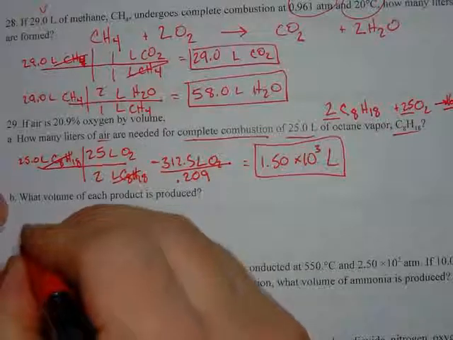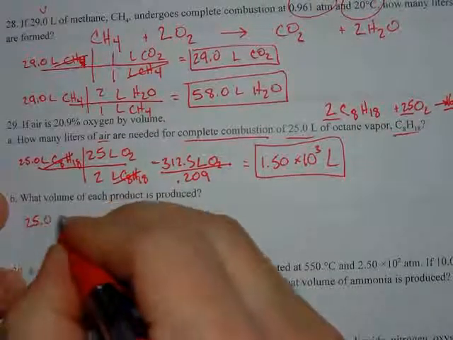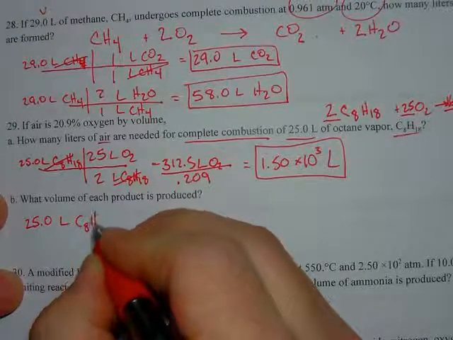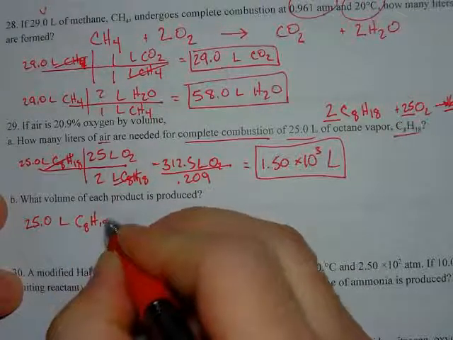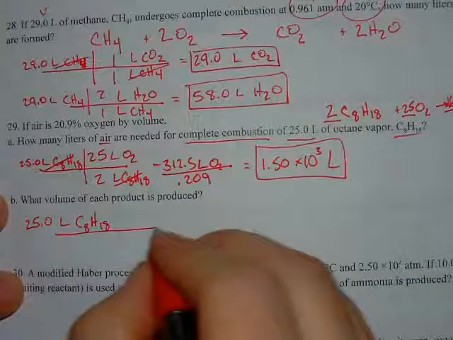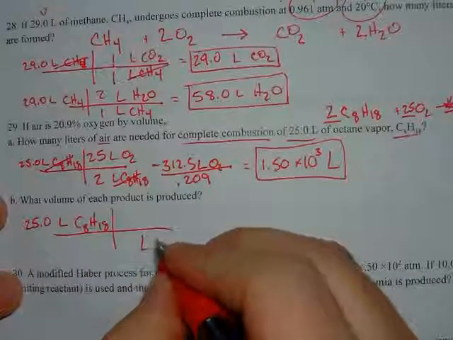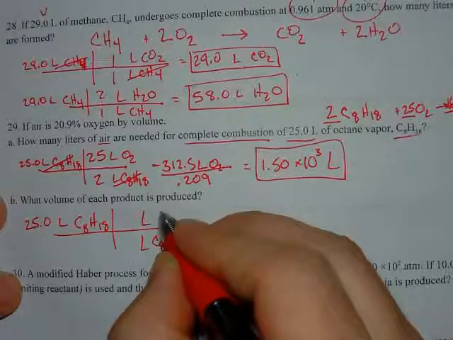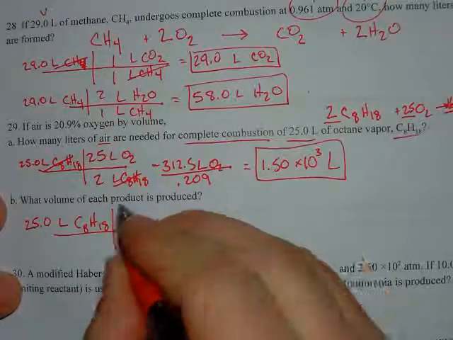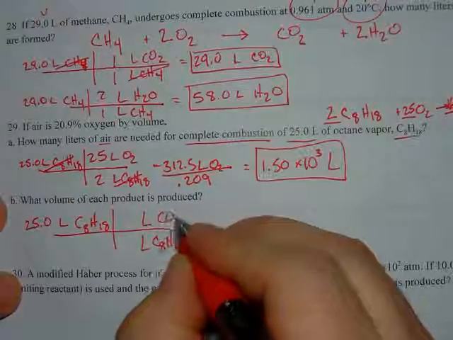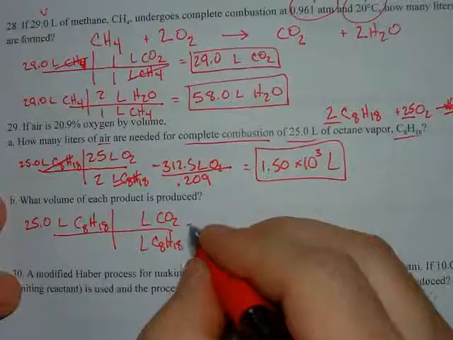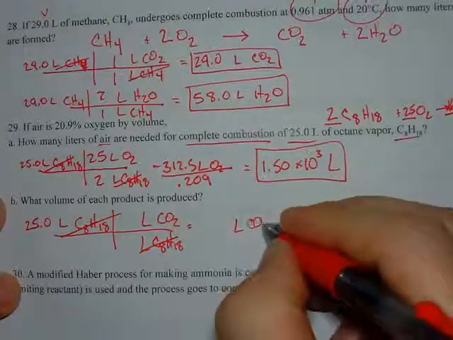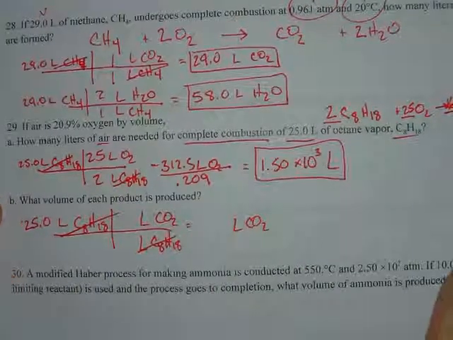I'm actually going to go back to starting with 25 liters of octane. Okay. Now again, I'm going to be converting out of liters of octane and into liters. Let's see, I'm going for each product. So one of the products is CO2. That'll let me cancel and go into liters of carbon dioxide.